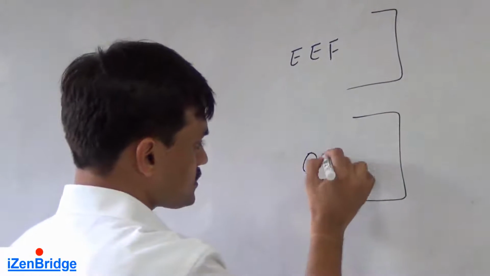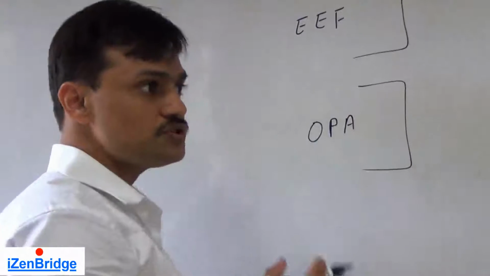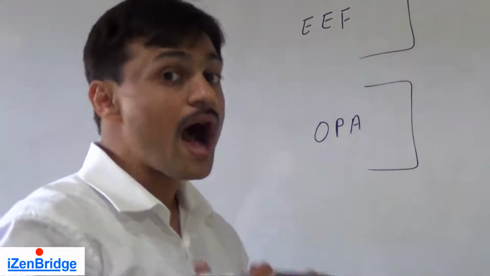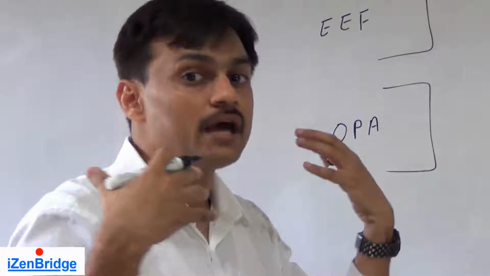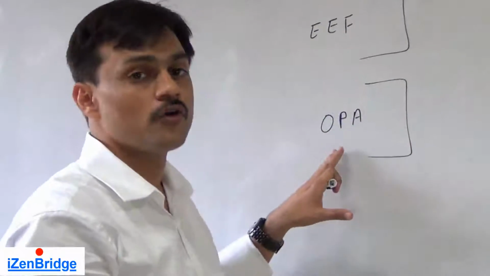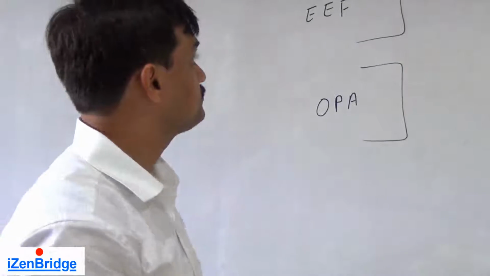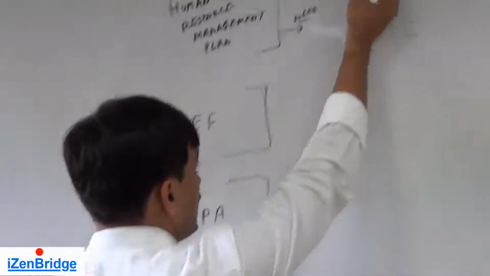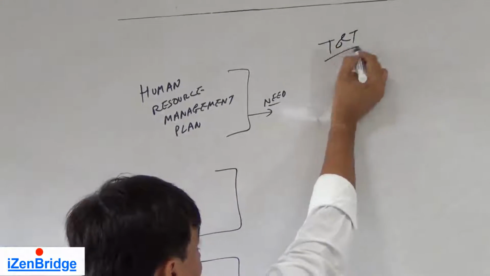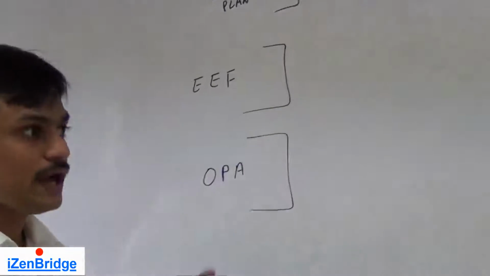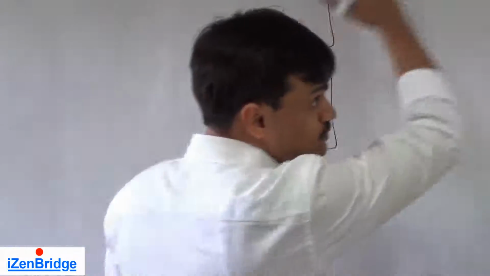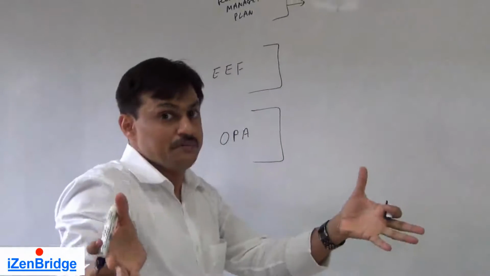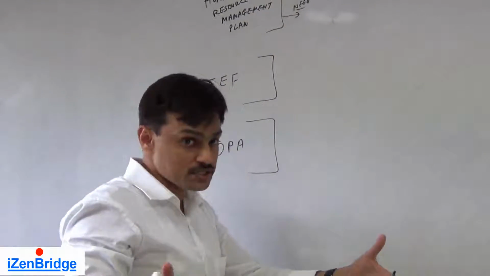Organization process assets talks about procedures of hiring people, templates for publishing the vacancies, all come from organization process assets. Now, in tool and technique, primarily we need to find a way to get people, because at the end of this process we should have people ready to join our project.